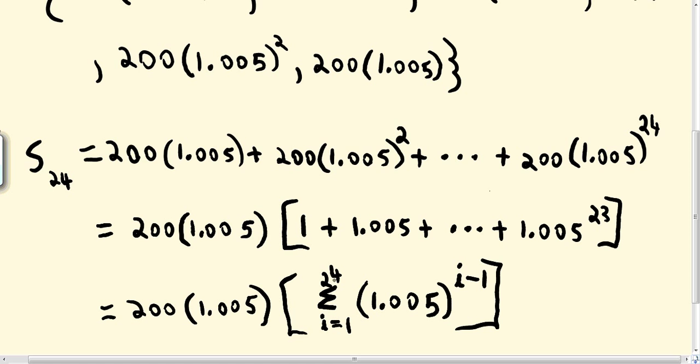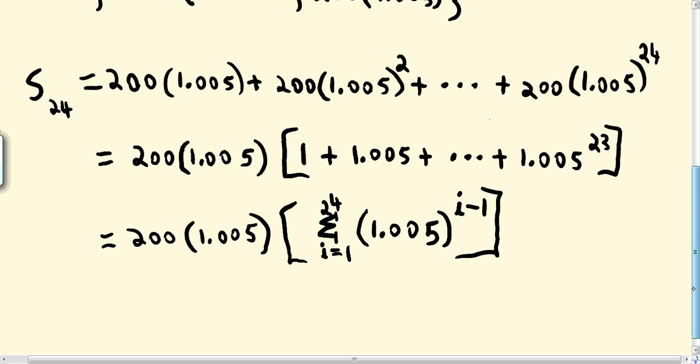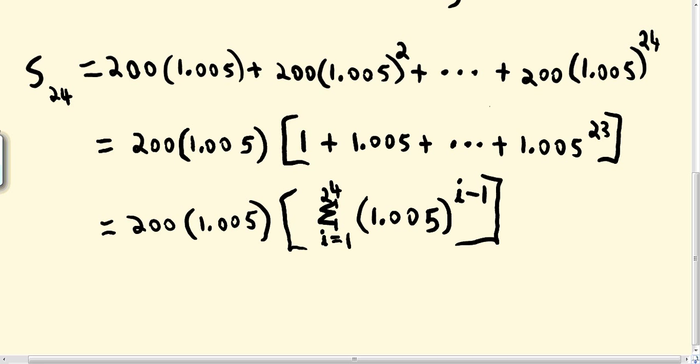And when i is equal to 24, you get 1.005 to the 24 minus 1, or 23rd power. So this is the summation, the sigma notation form of that sum that I used the ellipsis to represent. This is the 24th partial sum of a geometric sequence, which I'm going to use to find the 24th partial sum of my sequence.